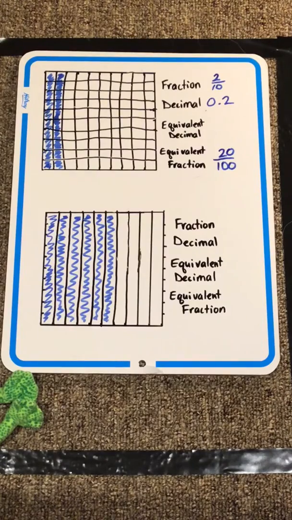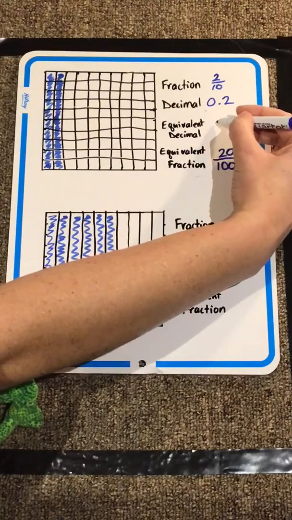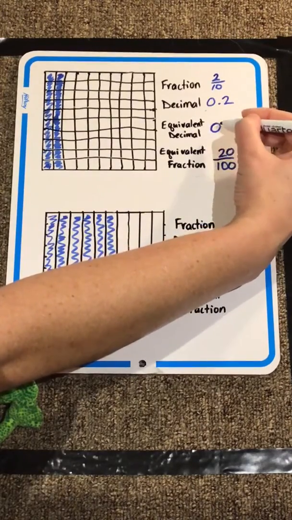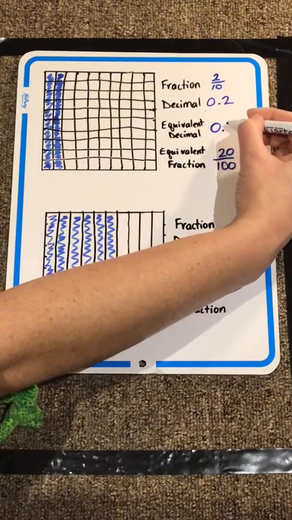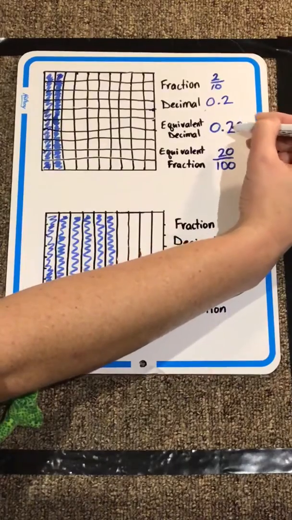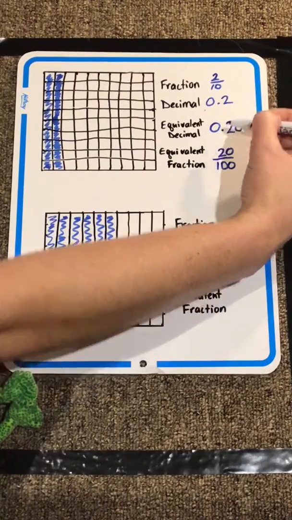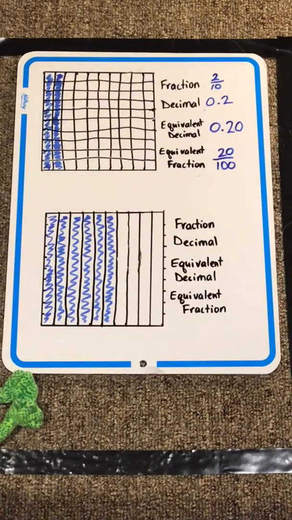Okay, now if I want to put 20 100ths as a decimal, that's what this equivalent decimal is all about. We still have 0 full cakes, and then we're going to put the 20 to the right of the decimal. You'll notice that the 2 is still in the tenths column because we haven't changed how much cake we've got. It's still 2/10 worth of cake.